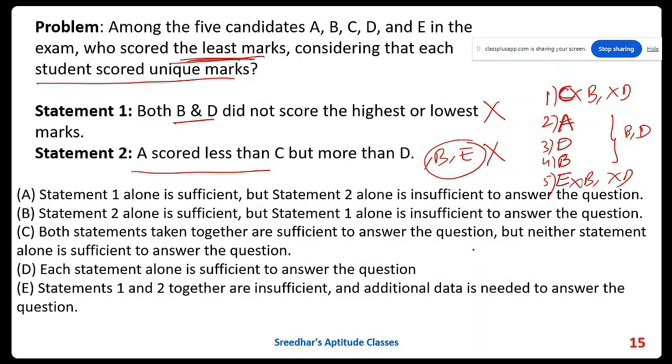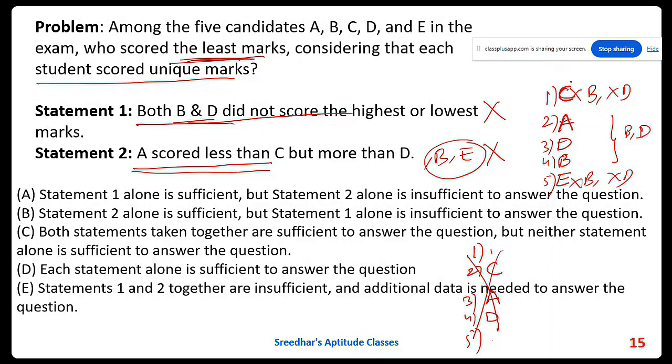Or, with ranks 1, 2, 3, 4, 5, if I take C as second, because A scored less than C, A is third. Then if I take D here, B will be either first or fifth, where it should not be, because according to the first statement, B and D should not be in first or last position. So this is a wrong arrangement.